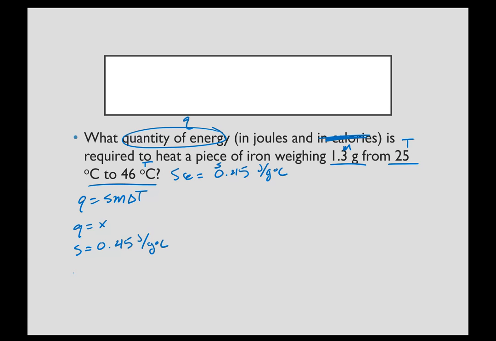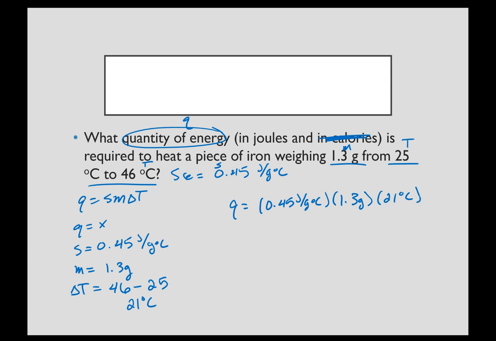So iron's 0.45, the mass is 1.3, and then the temperature change is 46 minus 25, which is 21. So plug that in. Times 1.3 grams times 21 degrees Celsius. And I'm going to get 12 joules, which is actually a really small amount of energy.